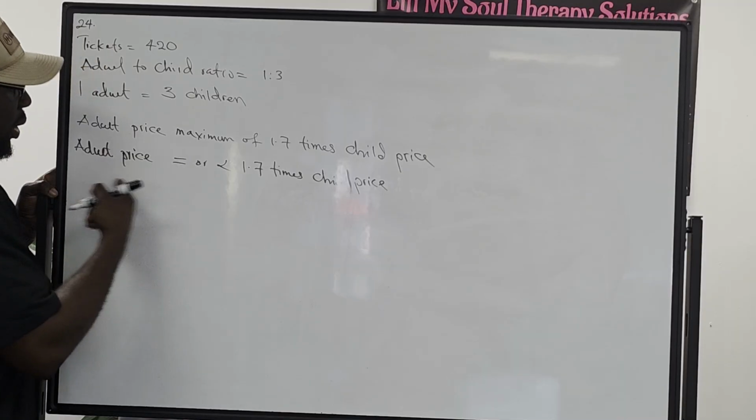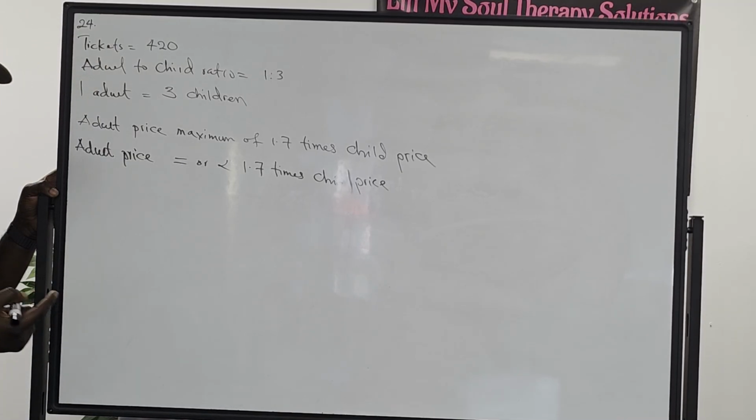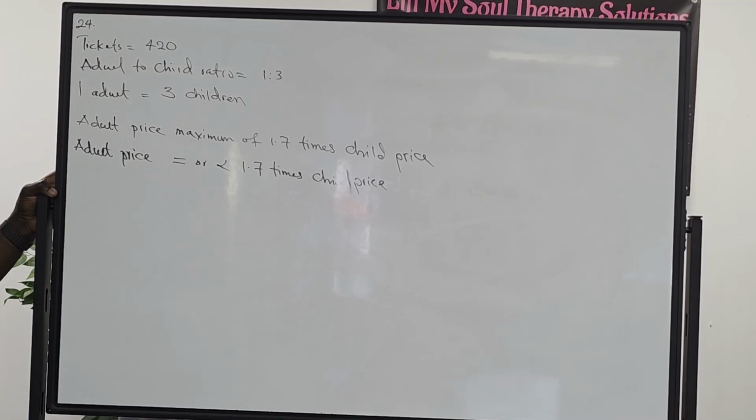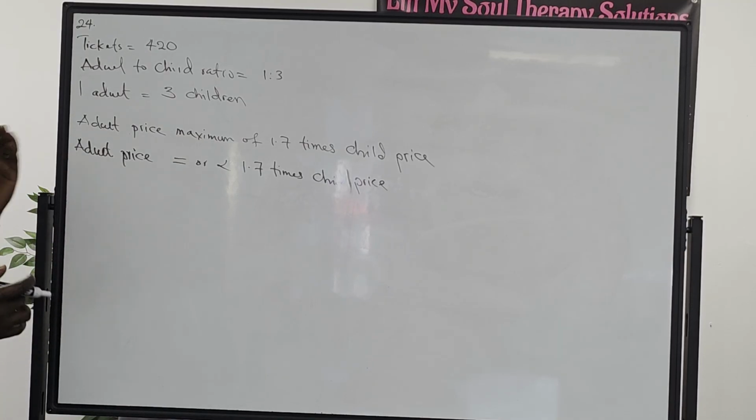That's what this means in math. It can be 1.7 times, but it cannot be above that. So it can be less than or equal to that amount.